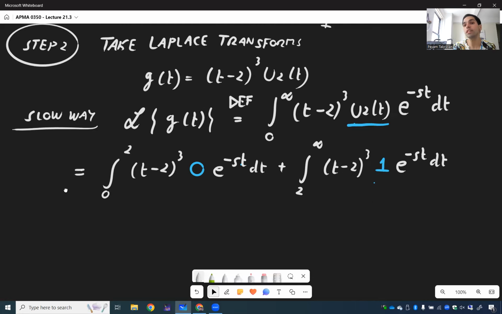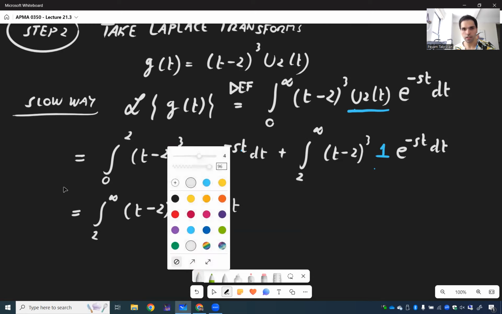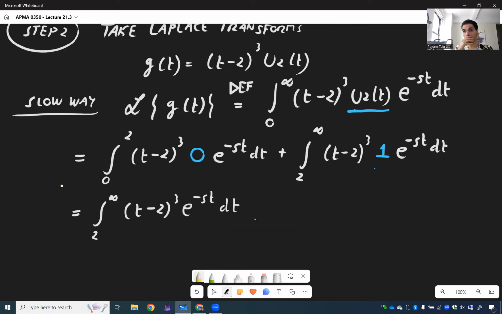Now the integral with 0 just becomes 0, so we're left with the integral from 2 to infinity of (t minus 2) cubed e to the minus st dt. Now, this almost looks like a Laplace transform because we have e to the minus st. The only problem is we start at 2 and we have this t minus 2, whereas we want the integral to start at 0.